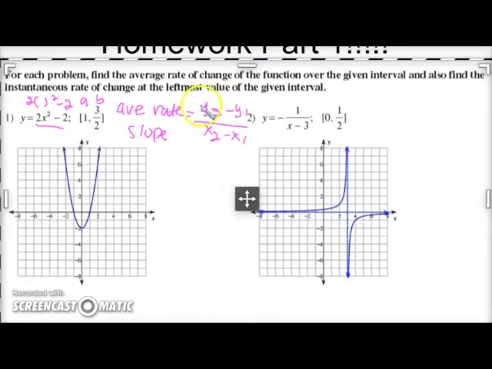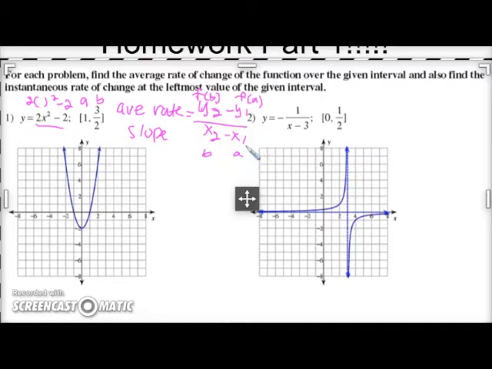Again, y2 simply means f of b, y1 simply means f of the a value, and then x2 would just be my b, and x1 would just be my a. So really, I have a fancy name: the function value at b minus the function value at a, divided by b minus a. It's just saying output 2 minus output 1 divided by input 2 minus input 1. That's all it's saying.